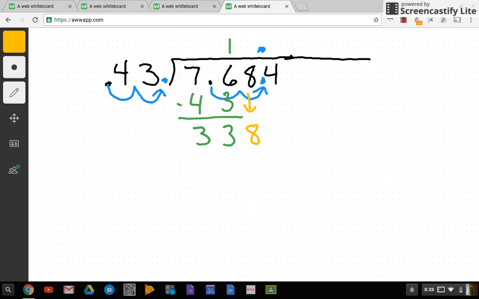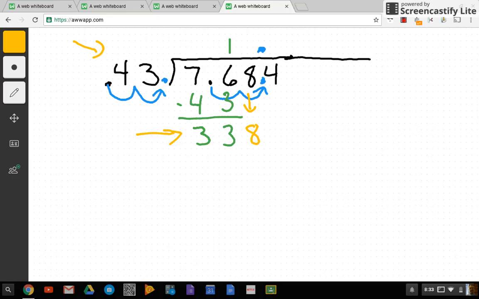So, what I normally do is I look at, see, I've got a 4 in the tens place there, and I look right here, and over here I've got a 33. So now I start thinking, what can I multiply times 4 to get close to 33? And the closest that I could get would be 4 times 8, which would be 32.